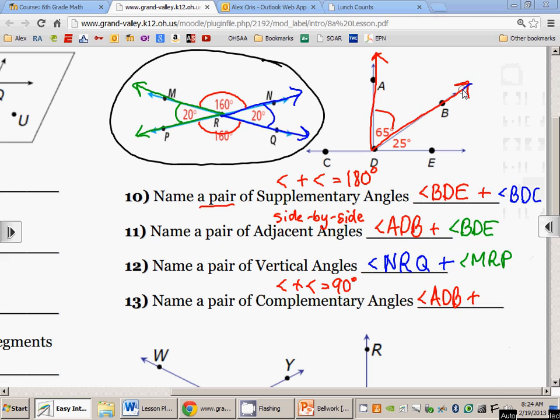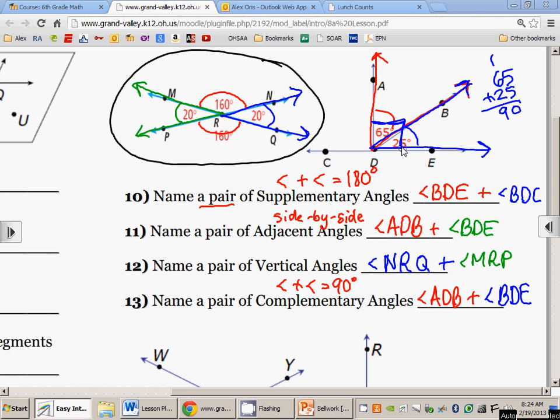Well, BDE. And angle BDE. If you look at those together, you could add those together, 65 and 25 is, well, you guessed it, 90. It forms a right angle.